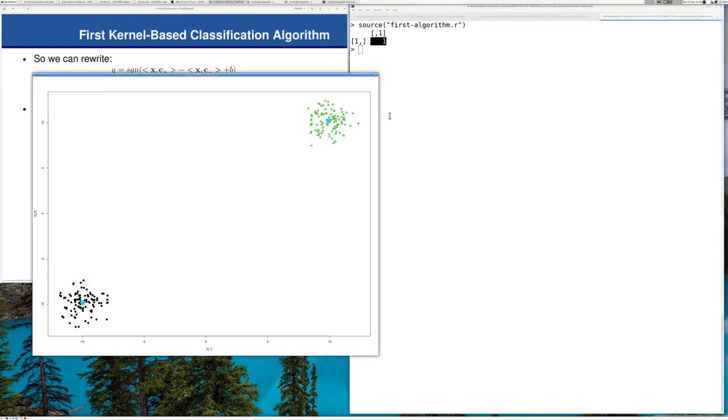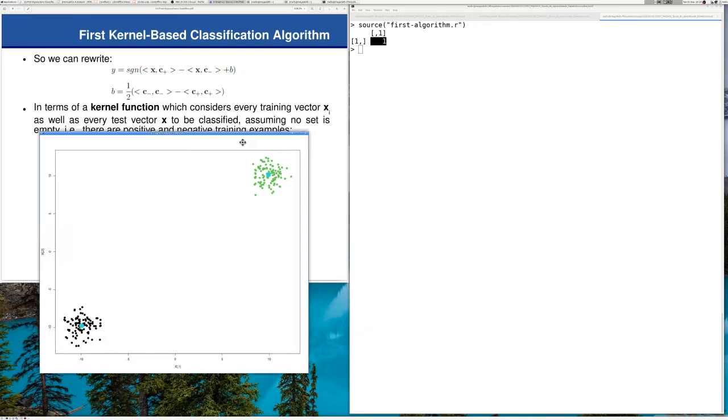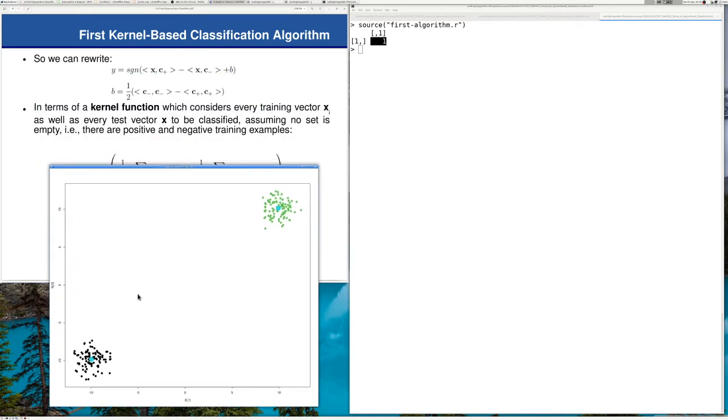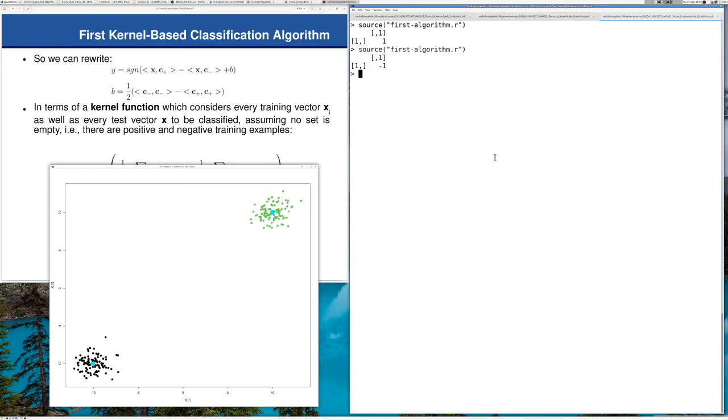The plot is still the same. We are going to adopt this plot. I think it's nice to see what's happening if we change the position vectors being classified over here. Let's consider a different x, like minus 10; the result should be minus 1, right? If I run this, it should be minus 1. Yeah, that's perfect. What happens if I had a position vector like minus 5 over here?